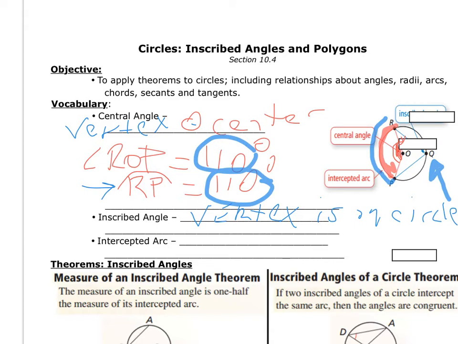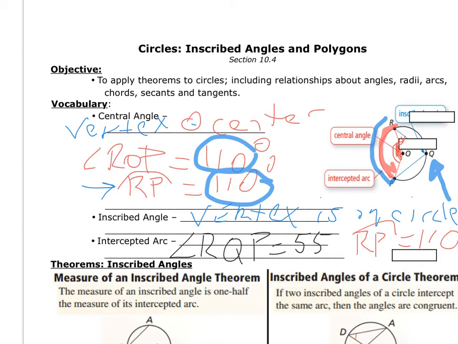The difference is that in an inscribed angle, the angle's measure is half its intercepted arc. Let me start over. If I told you that angle RQP, the inscribed angle, equaled 55, and then I asked you what its intercepted arc RP is, well, the arc is twice the inscribed angle, so just double it, and 55 times 2 would give you 110.